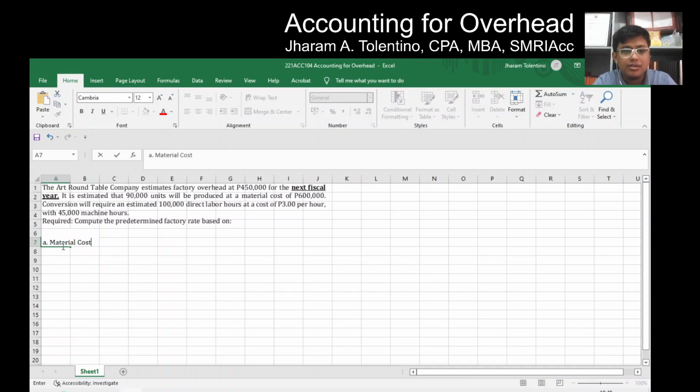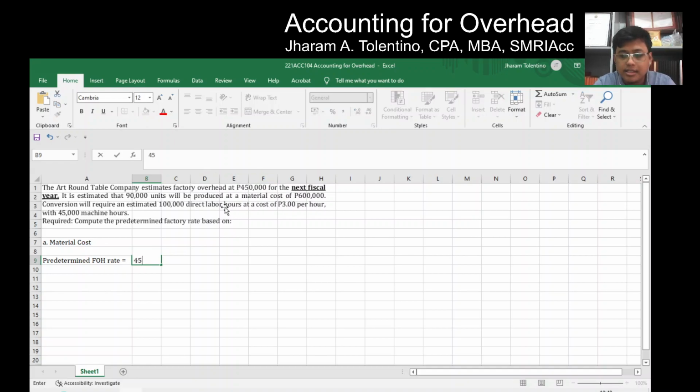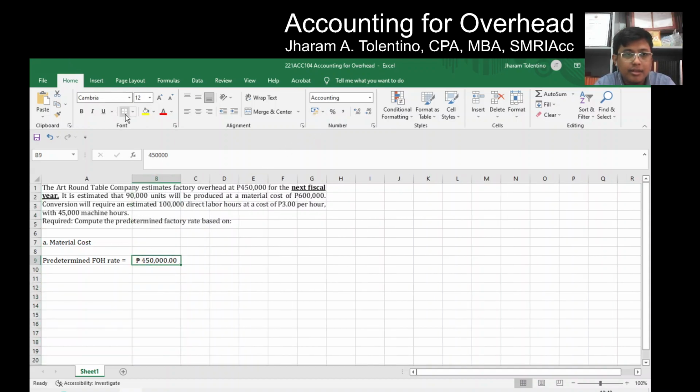Material cost. So, ang gagawin lang natin, kunin mo lang yung, this is the predetermined factory overhead rate, FOH rate na lang gawin natin, is equal to, paano natin kukumpitin to? That is, predetermined, so meron tayo 450,000 dun sa taas. 450,000 divided by material cost.